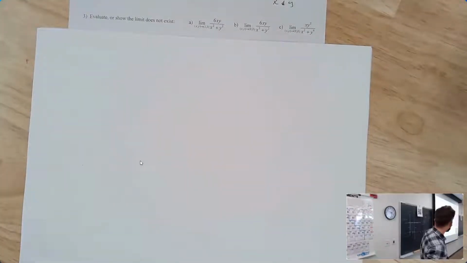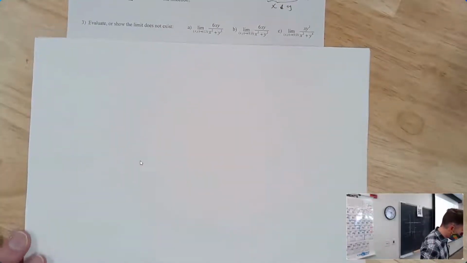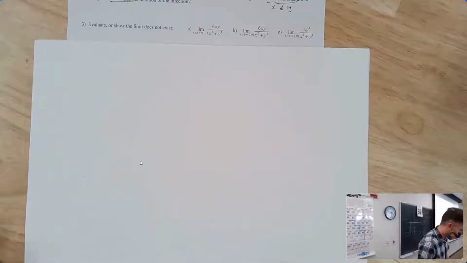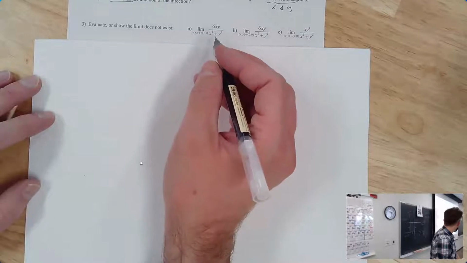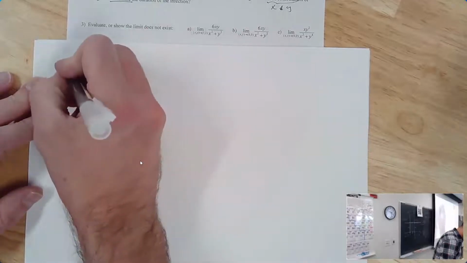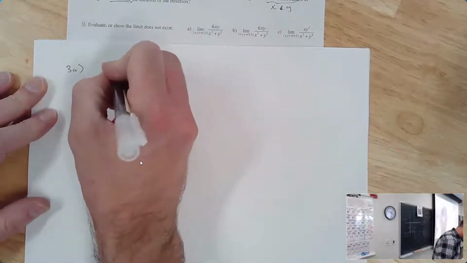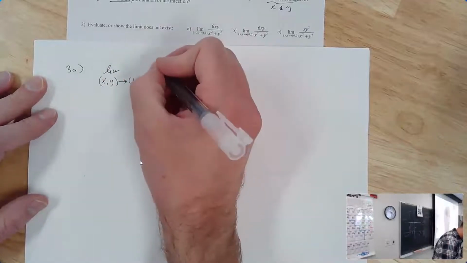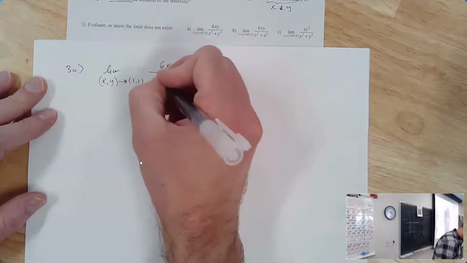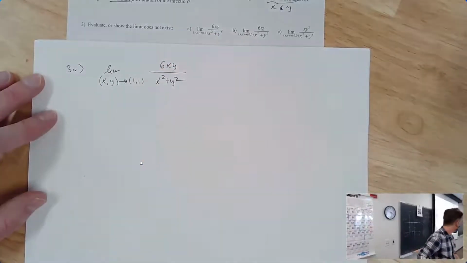All right, let's do the next one. Evaluate or show the limit does not exist. Let's look at this first one, which looks super straightforward. The limit as (x, y) approaches (1, 1) of 6xy over x squared plus y squared.